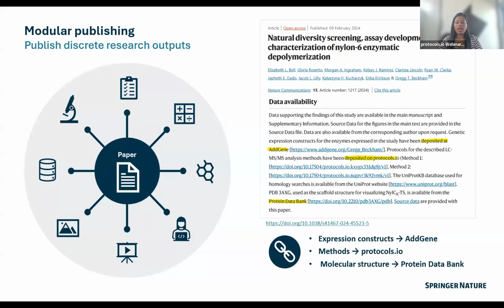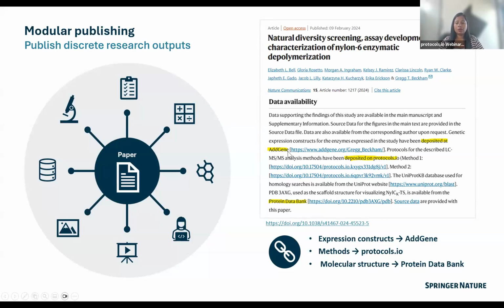So there is an idea of modular publishing where you publish discrete research outputs and bring them all together into a manuscript. Here is one example from a Nature Communications paper. You can see in this data there are three research outputs.